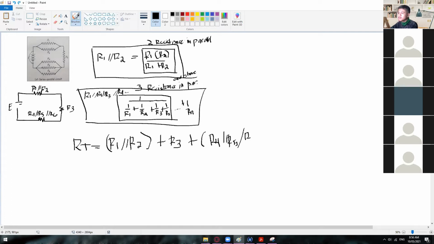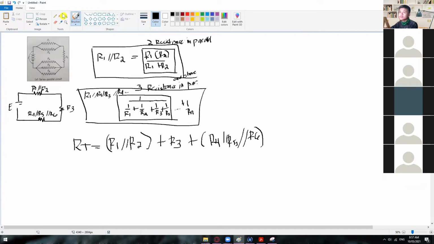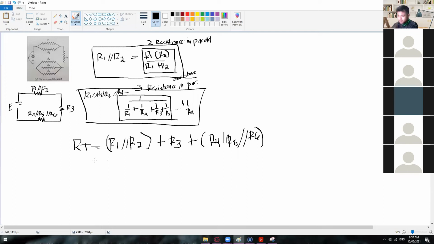R6. Tama pala. Anyway, ito yung pinaka-formula nyo for the total resistance. Okay? If you have this kind of circuit.